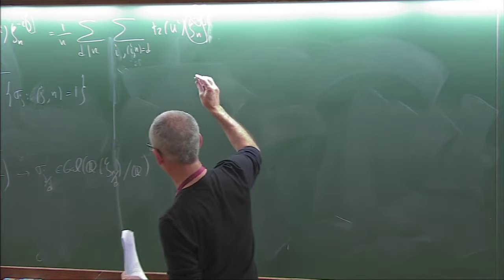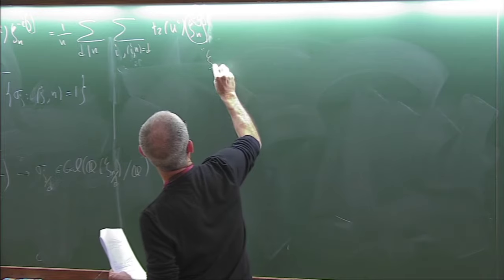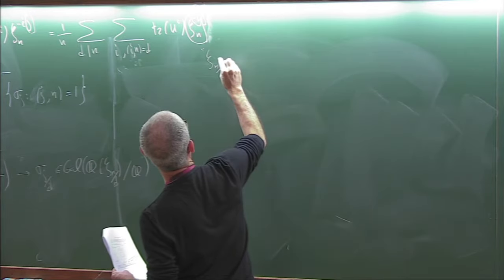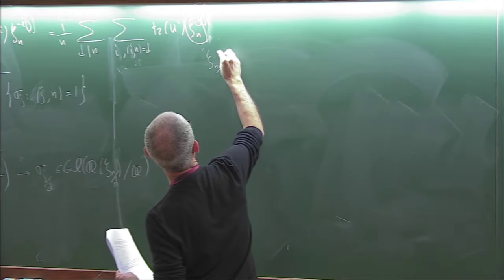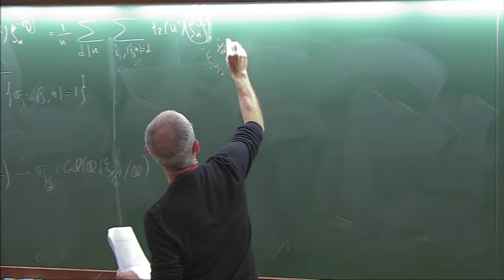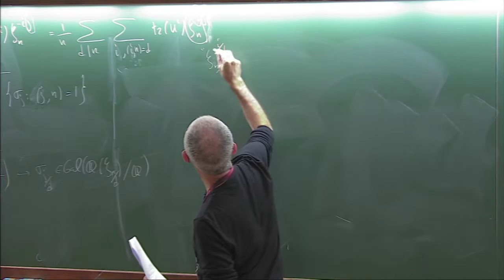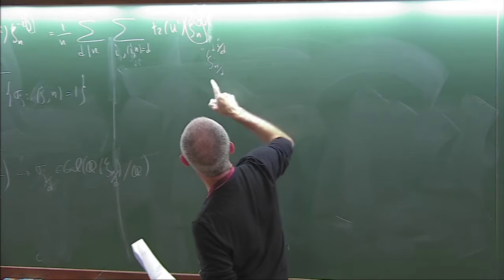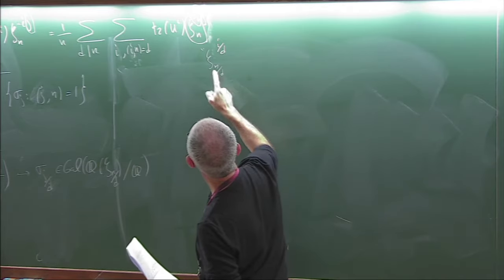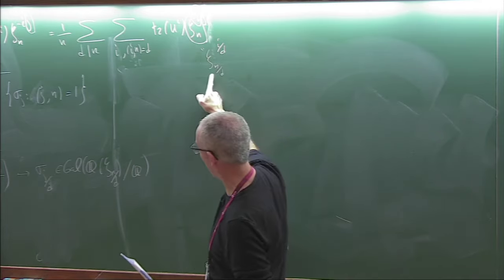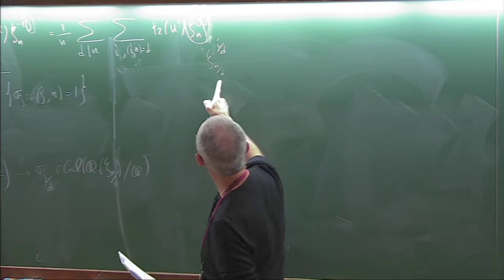Correct, I can write this as theta n d I over d, because I write this I as d times I over d, but theta n to the d is exactly theta n over d. Okay?